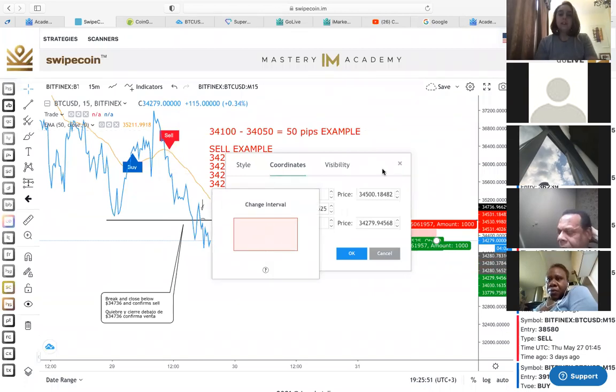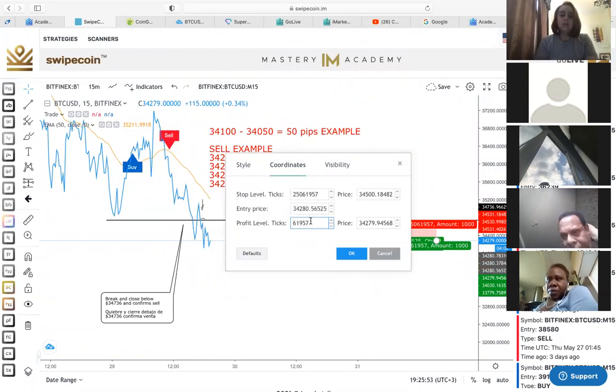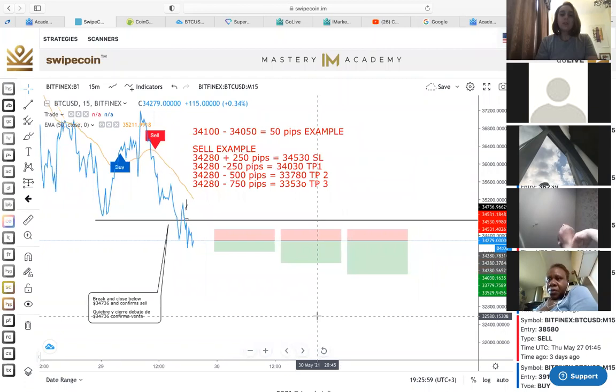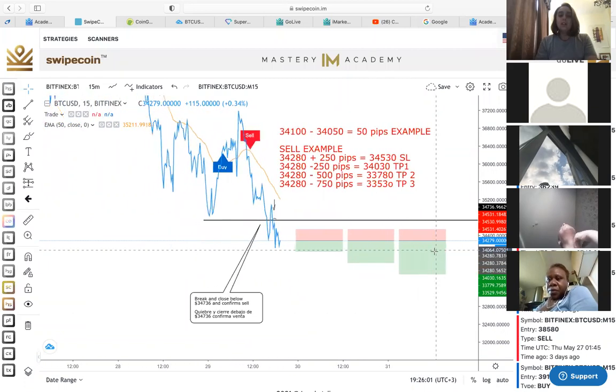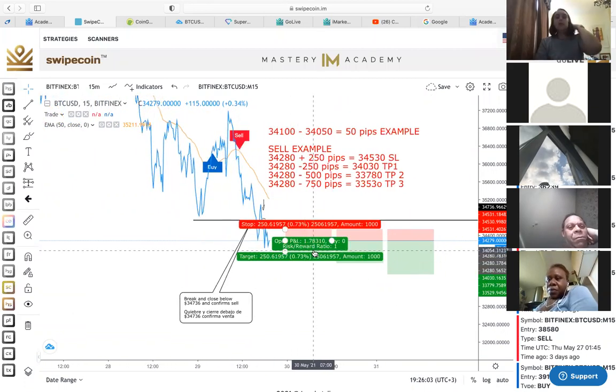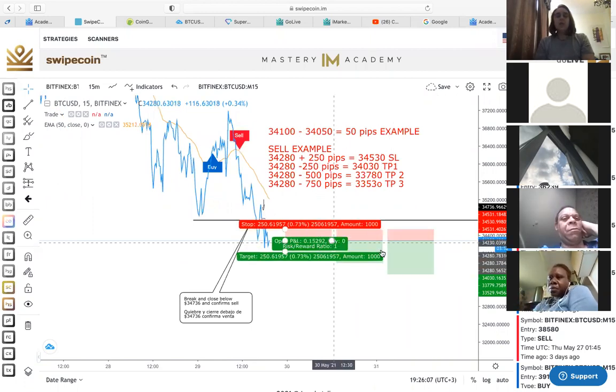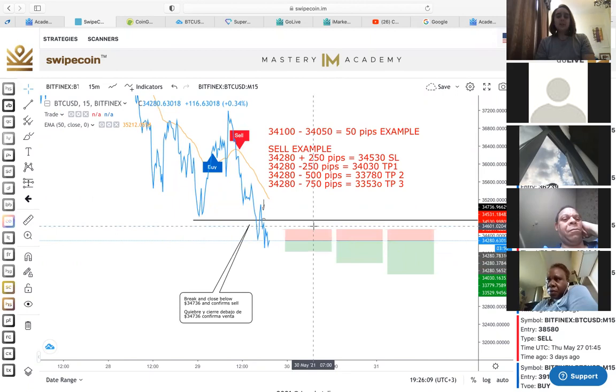Our final one is going to be 750. Now, can you guys see that we've got 3 different trades, but they're all going from the same entry point with the same stop loss?